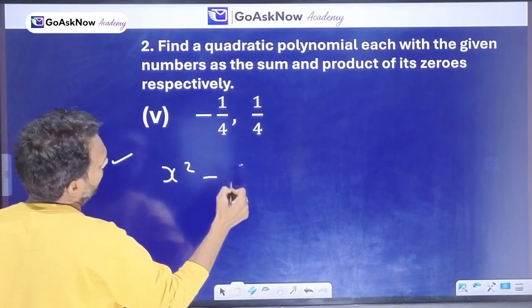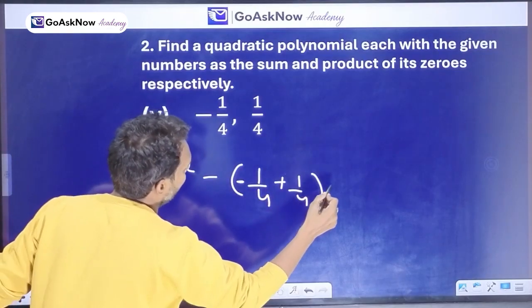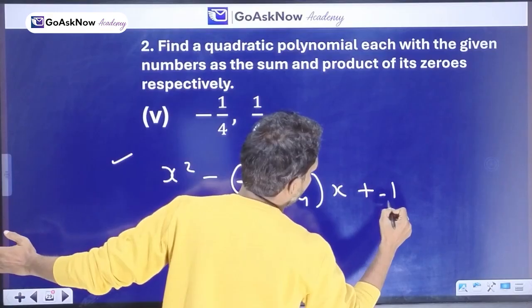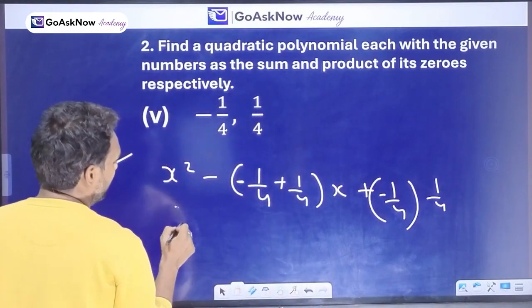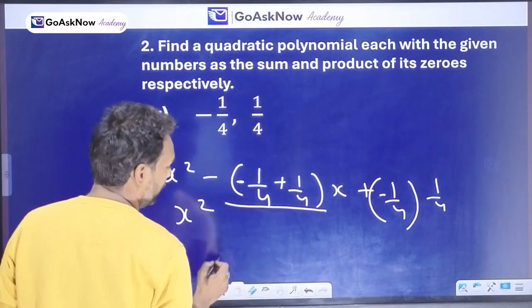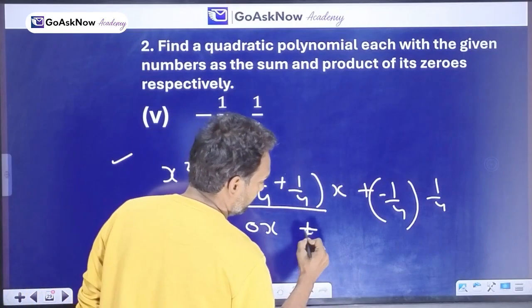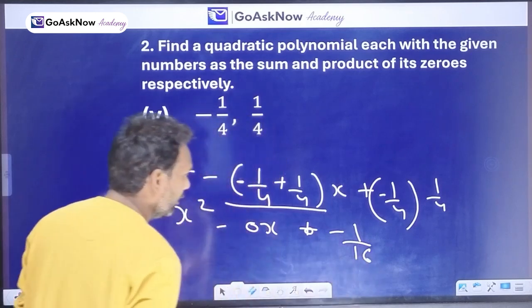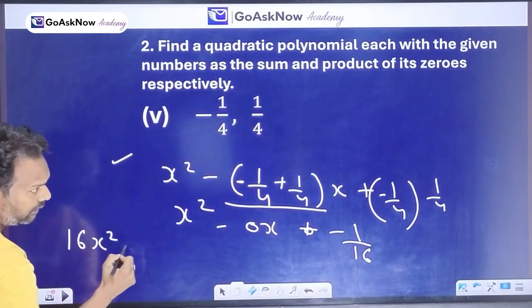Okay, x square minus minus 1 by 4 plus 1 by 4 x plus minus 1 by 4 into 1 by 4. This becomes x square minus 0x plus minus 1 by 16. Now, multiplying this whole with 16, we get 16x square minus 1.